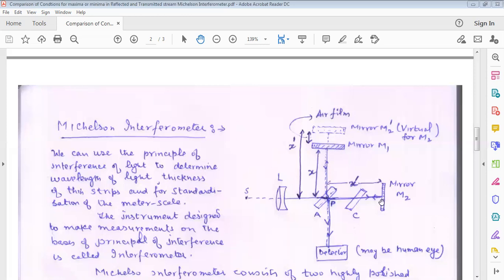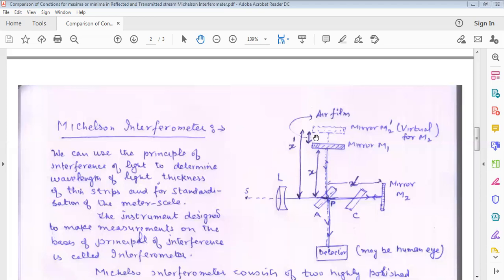When these two mirrors are perfectly perpendicular, the trapped air film shall be of rectangular shape. Accordingly, the interference pattern will consist of circular bright and dark fringes. In the other case, when say mirror M2 is inclined, then virtual mirror M2 dash will also be inclined.